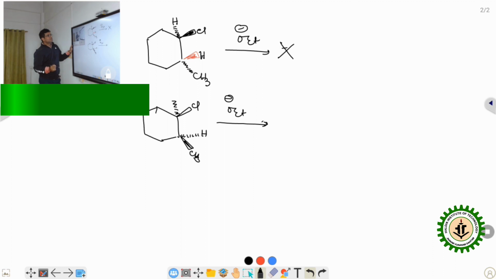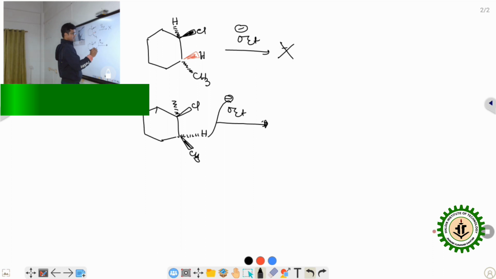The requirement is that the eliminated group and the beta hydrogen must be in trans orientation. Here this H and Cl are below and above the plane, trans orientation, and elimination will take place and lead to the formation of this alkene.